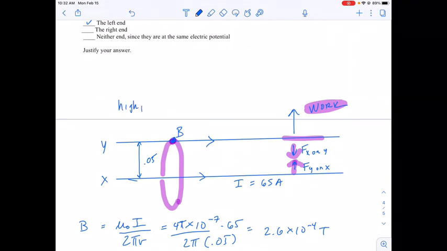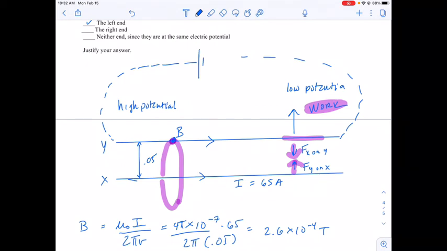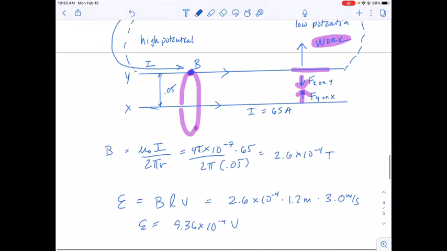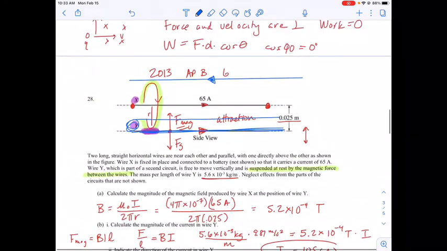And I know that current goes from high potential to low potential. If I added the rest of this circuit, this would be the positive terminal and the current would be coming around like that. Okay, I hope that makes sense.